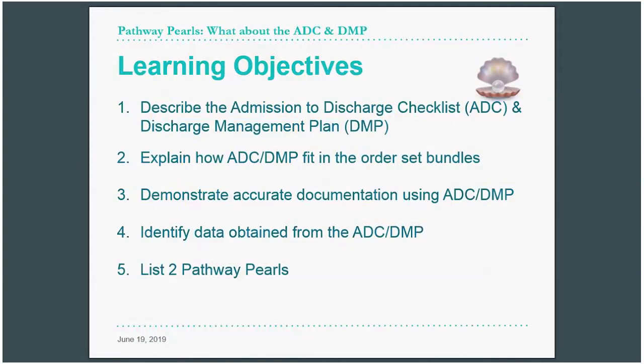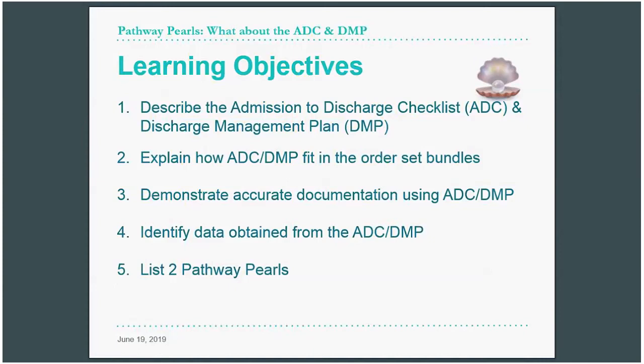Our learning objectives for today are to describe what the difference is between the ADCs and the discharge management plans, explain how they fit into the actual order set pathway bundles, and demonstrate how to accurately document them. First, what we're looking for in data collection, because it's all about the implementation scores for some of your teams right now, since that's how we're promoting their use.